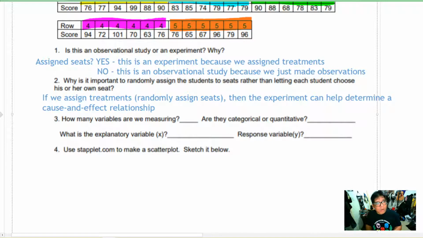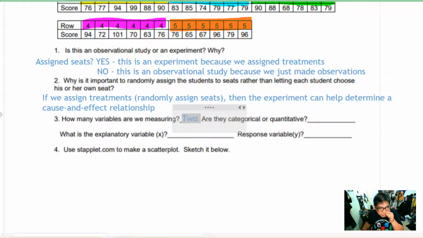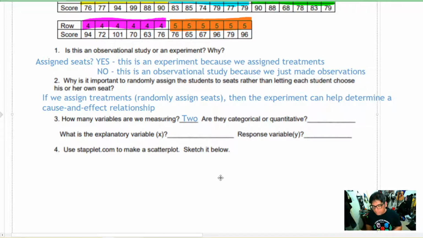Number 3, how many variables are we measuring? Well, just 2. They are the row and they are the score.